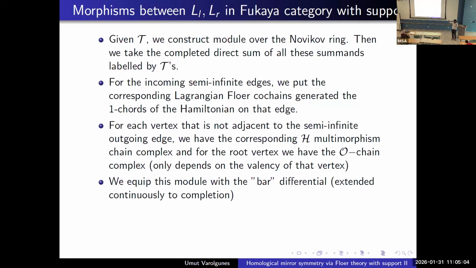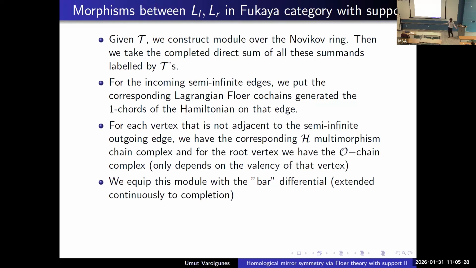If you think about it, the incoming edges keep track of just a bar complex. I'm just trying to spell out what's happening to the bar complex. I have these Hamiltonian Floer complexes at the top, multimorphism spaces for each vertex, and for the last vertex, I just have the operad complex.